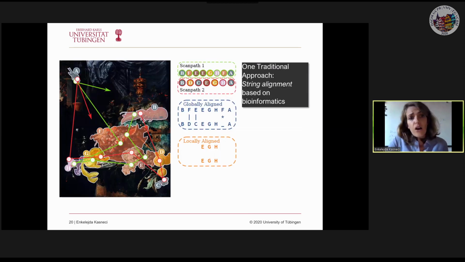Just to give you an idea of how people still do scan path analysis, you see here the scan paths of two different subjects viewing the same image, and you see that the relevant areas of information are annotated here. In most cases, this is a grid-like annotation or some semantic annotation based on manual definitions of the AOI, which is first of all error prone, but also time consuming, as you can imagine.